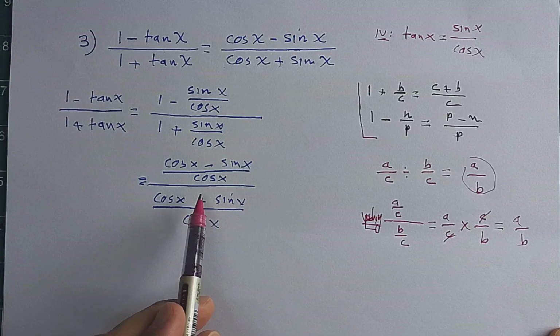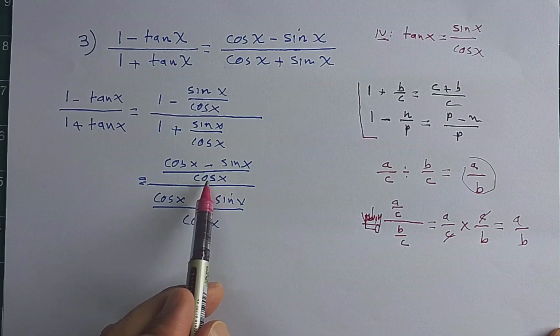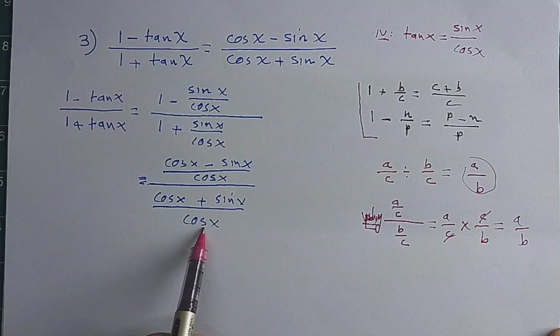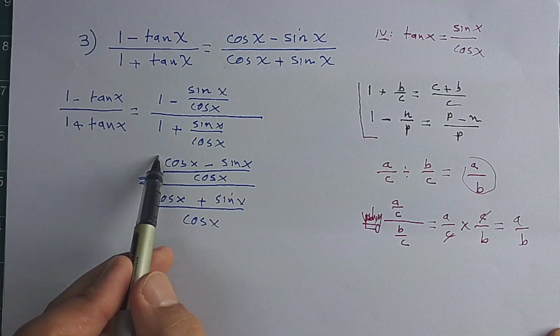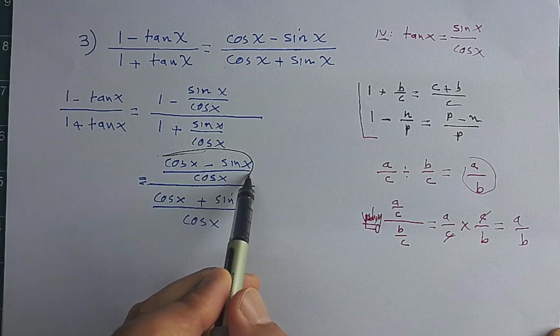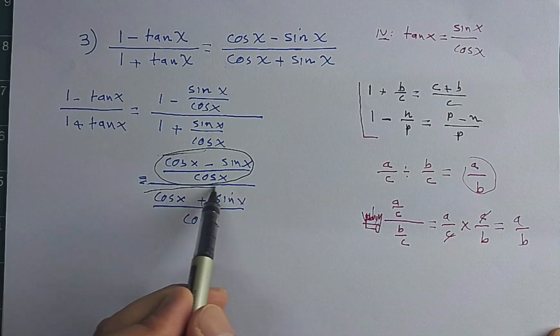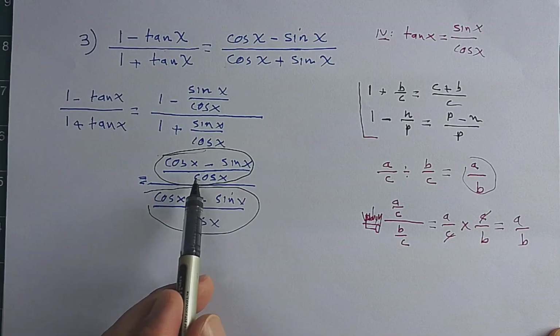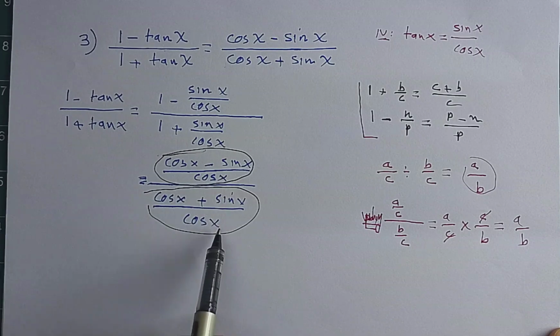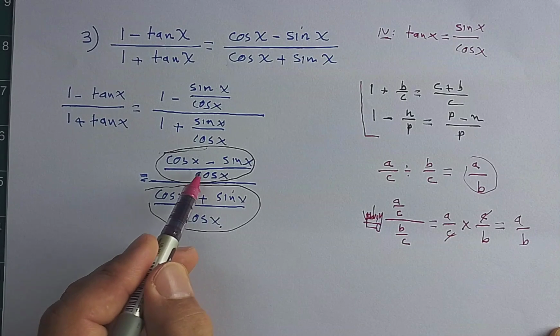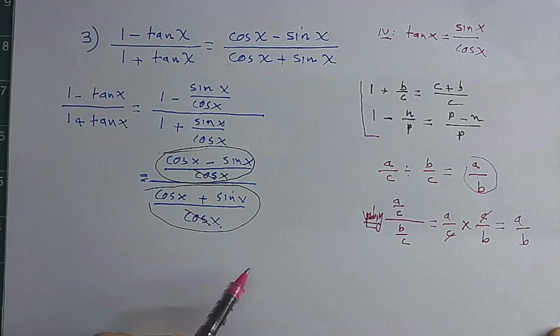Okay, the same thing here. We have cosine in the denominator and cosine in the denominator. So we have the two fractions here, the first fraction and the second fraction, but we have cosine x and cosine x. I can simplify by cosine x in the first fraction and the second fraction.